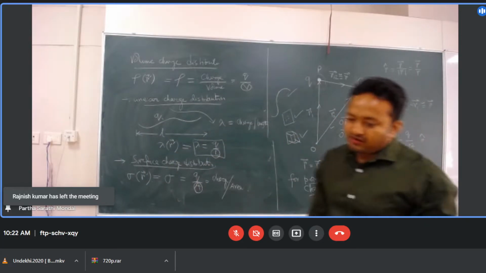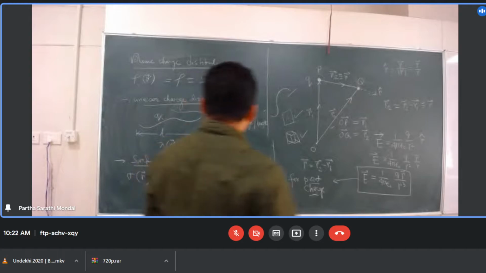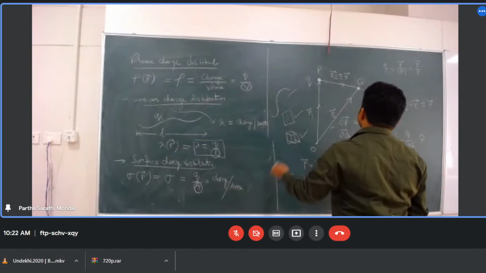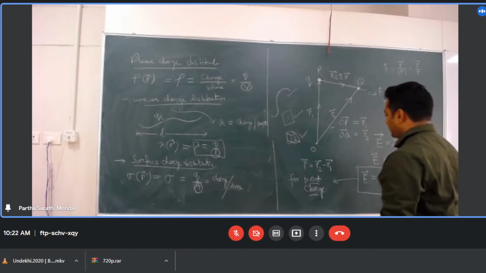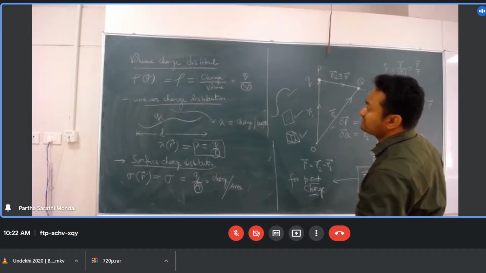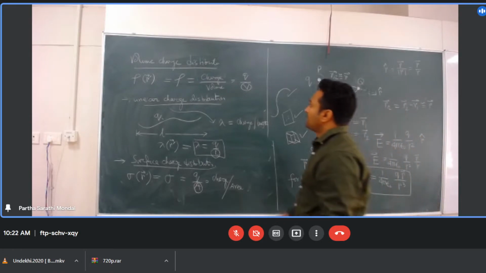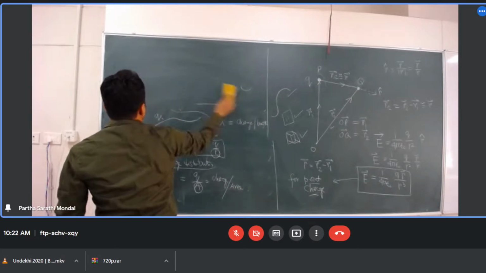Now, if I replace the point charge with one of these charge distributions and try to find the electric field expression for an extended charge distribution, it may be linear, surface, or volume.